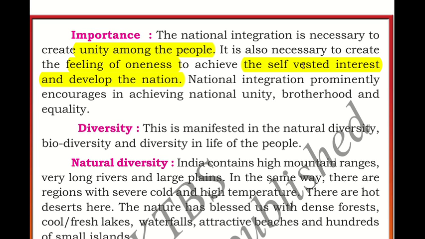So this is saying that if we develop our nation, it is ultimately ourselves that will be benefited. So if our country progresses, who has the most to gain? It's the citizens of our country, that is us. National integration prominently encourages in achieving national unity, brotherhood, and equality.